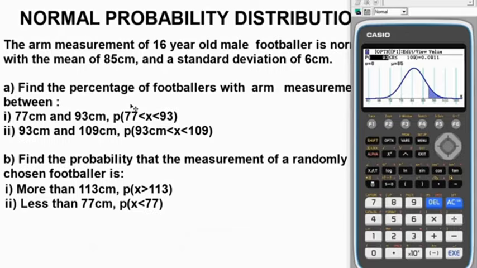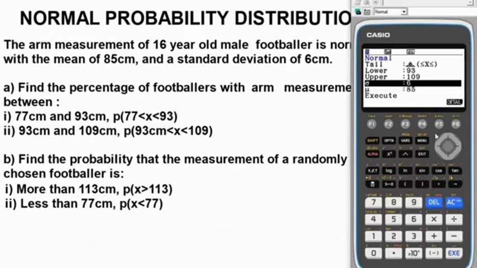Okay, so let's move forward. Let's go to part B of it. It says find the probability that the measurement of a randomly chosen footballer is more than 113 cm. This is how it is represented in interval notation. Okay, so let's go to it. Now, under this tail option, all you have to do is to press F3.